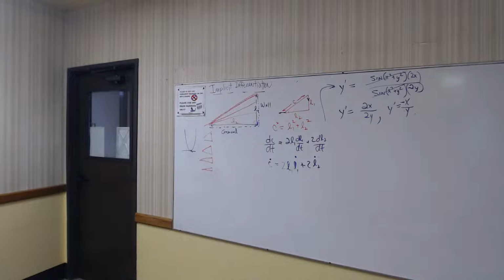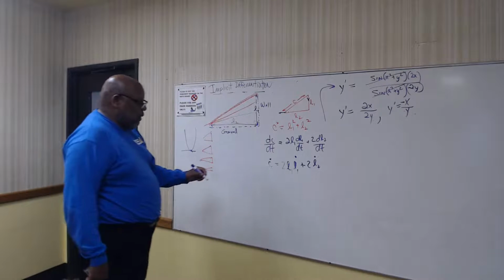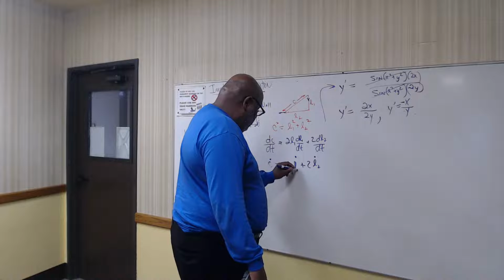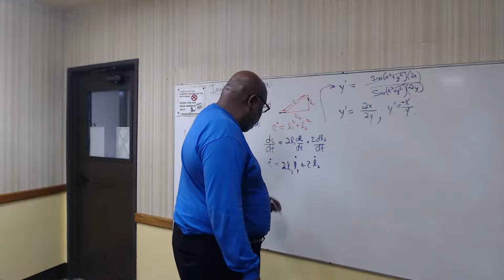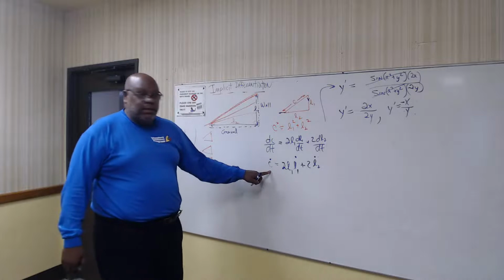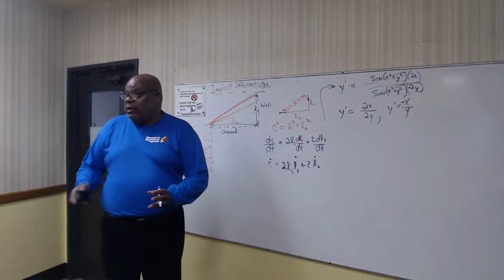No, it doesn't change. The ladder stays the same. So the point is this: C dot is 0 because the ladder length doesn't change.